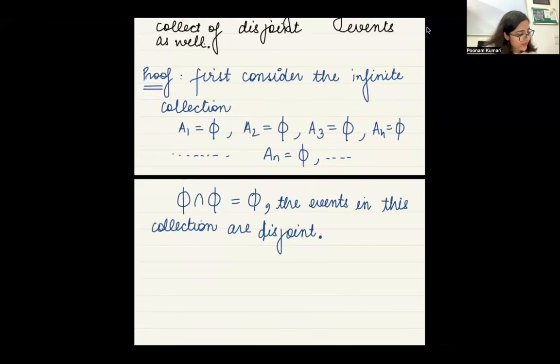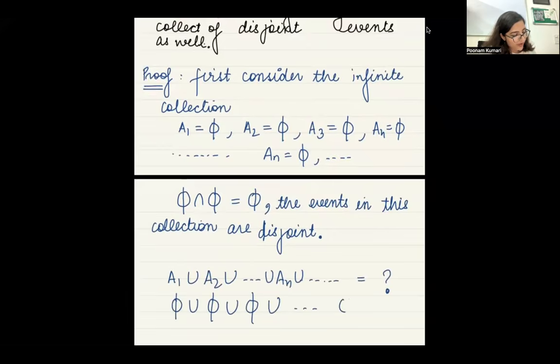And if you take a union of A1, union A2, union, and you keep going on to AN, what do you get? What is the union of phi, union phi, union phi? What is the union of all the null events? If everything is null, even if you take the union of infinite events, it's going to be null only, right?